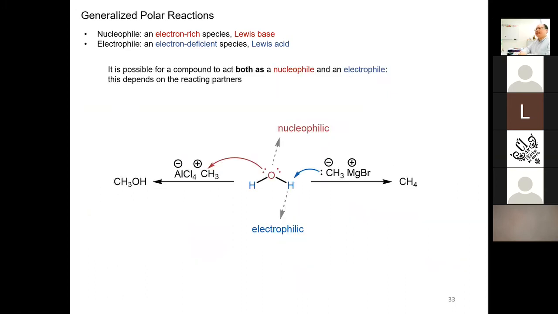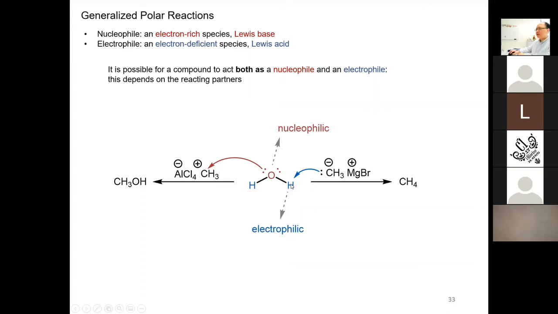So just like acid and base, it is also possible for a compound to act both as a nucleophile and as an electrophile. And whether it is a nucleophile or electrophile really depends on the reaction conditions and the reaction partners. For example, water. We just said water has lone pairs, right? It can act as a nucleophile and react with an electrophile on the left. But water also has an H, right?